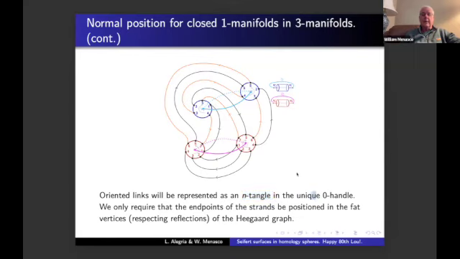And the only condition that you have is that the endpoints that appear in these fat vertex disk regions, their reflection be identical across. And so you may have a tangle that has a bunch of points here, then you see the reflection of a bunch of points here, and they'd be all strands inside the zero handle.